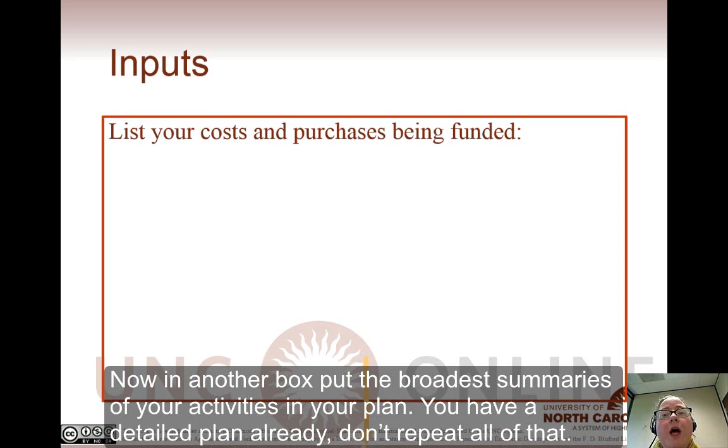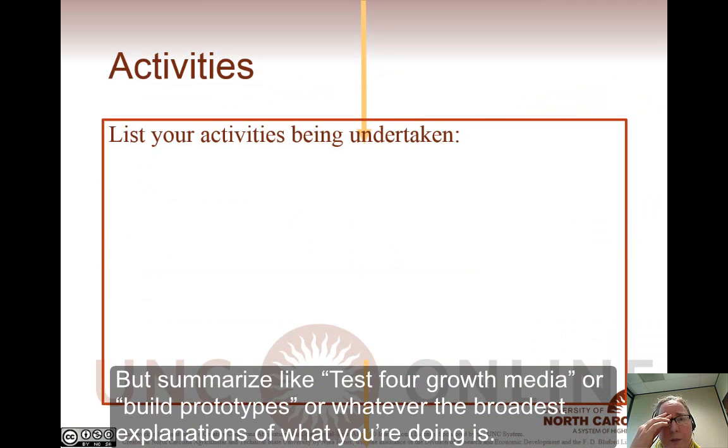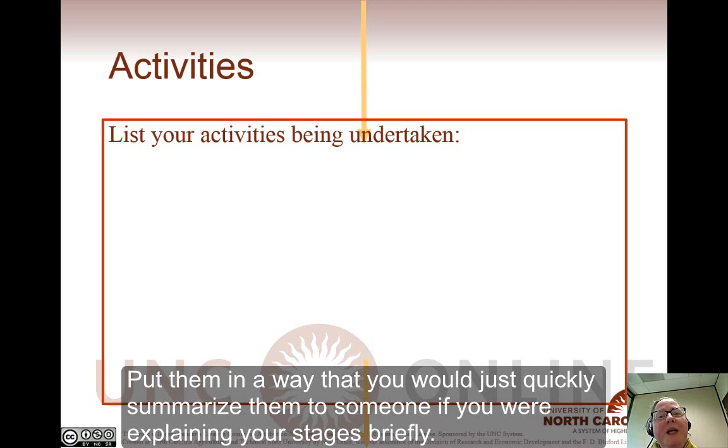Now, in another box, put the broadest summaries of your activities in your plan. You have a detailed plan already, so don't repeat all of that, but summarize, like test for growth media or build prototypes, or whatever the broadest explanations of what you're doing is. Those are your activities. Put them in a way that you would just quickly summarize them to someone if you were explaining your stages briefly.